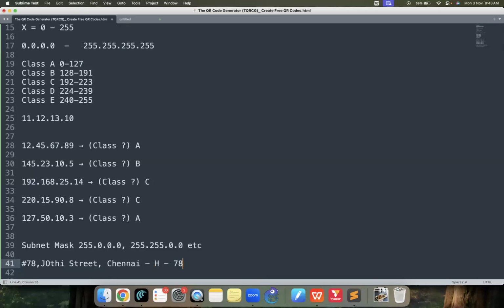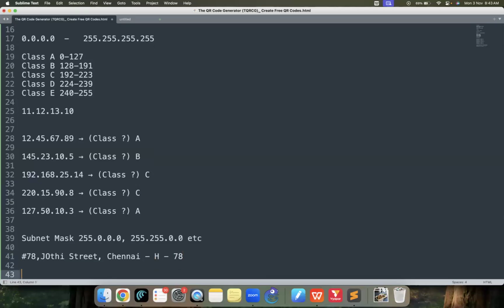If I give you number 87, Kalyan Street, Bangalore, the house number is 87. And the street name is Kalyan Street. Very easy.